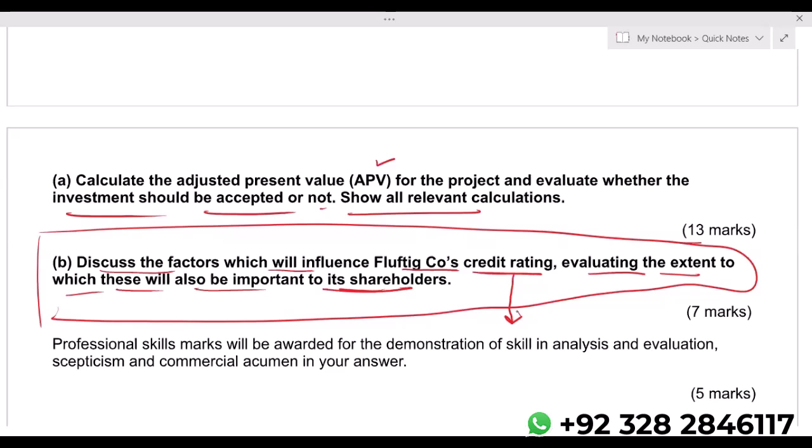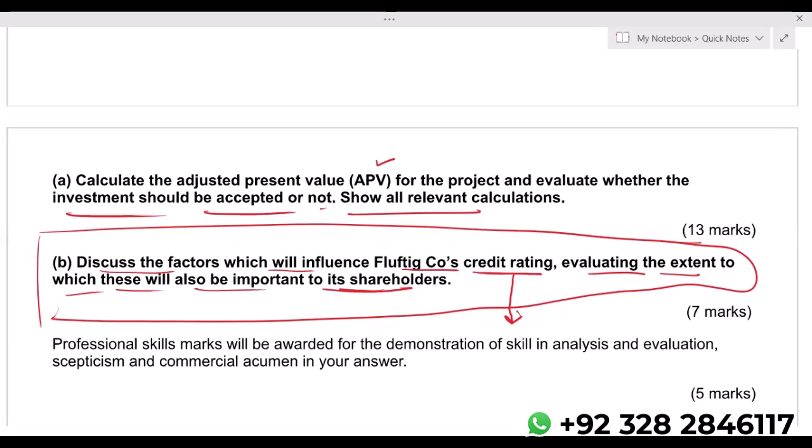So one is earnings protection. Second, the people sitting in the management. So who are the people sitting in your company's management?